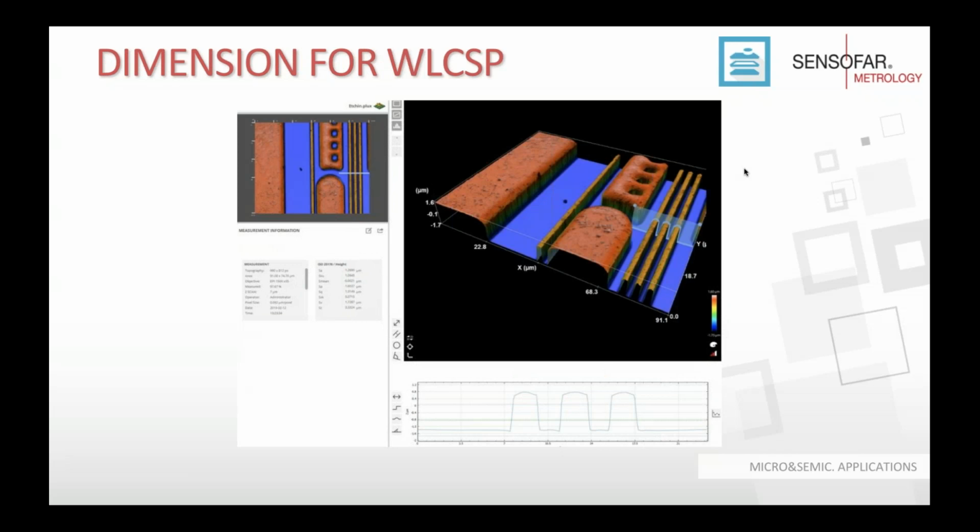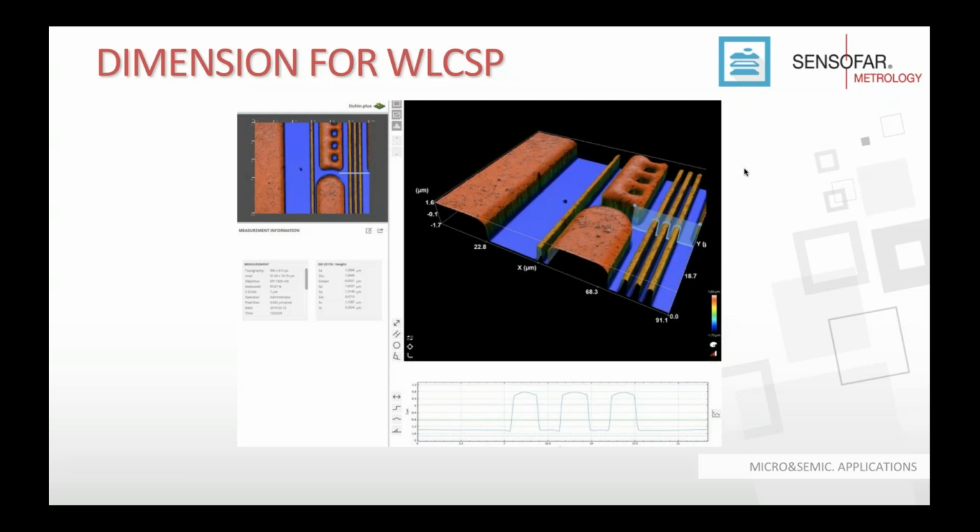So for CSP backend, tracing is also a very common requirement. For here, the tracing is roughly 3 to 4 microns in linear dimension, with about 1 to 2 microns in spacing. So to measure these 3 micron spaces, we were able to achieve a 0.5% repeatability error.